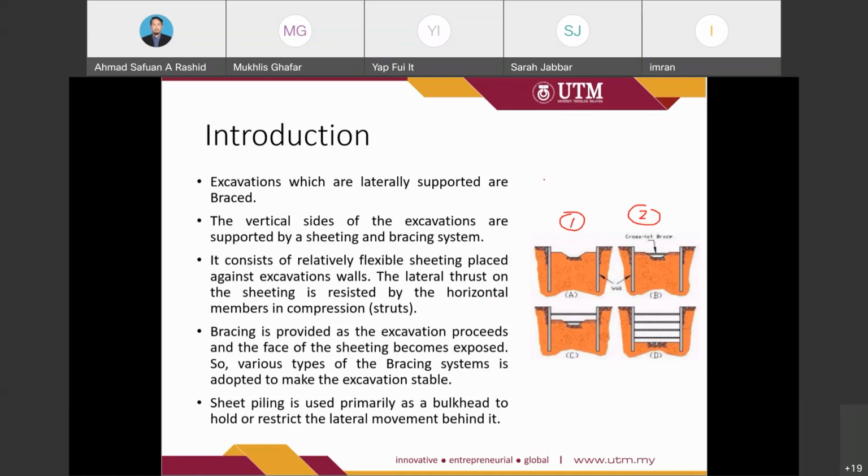So when we look at the whole system, this is the sheeting. Then they will put a wale, they call it a wale, which has the same direction as the sheeting system.